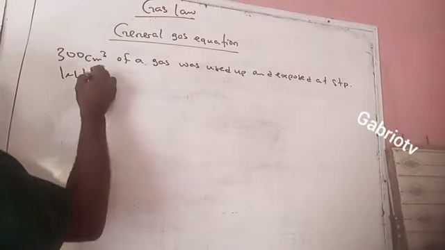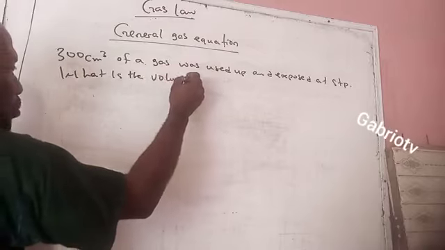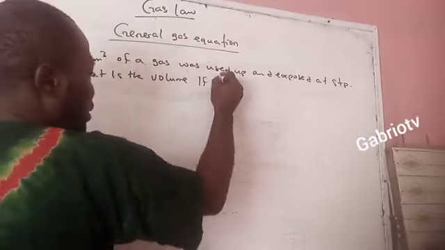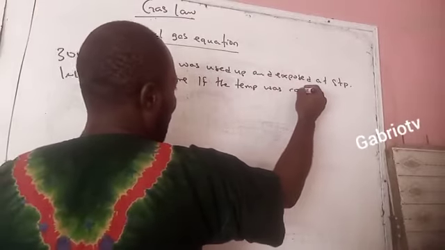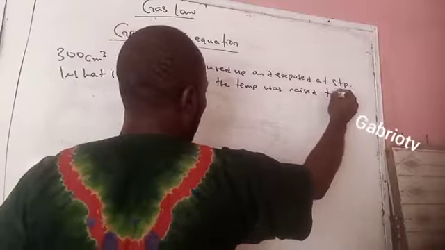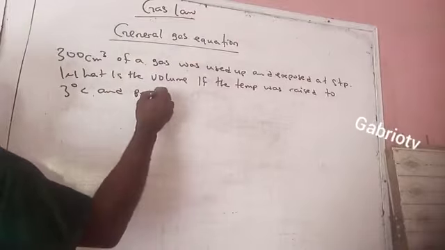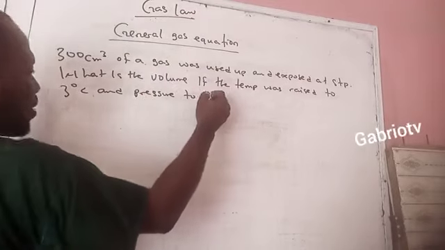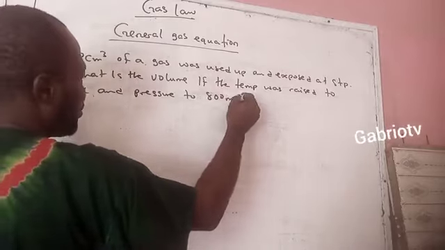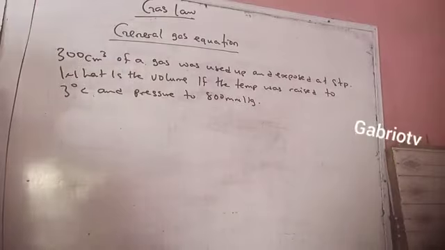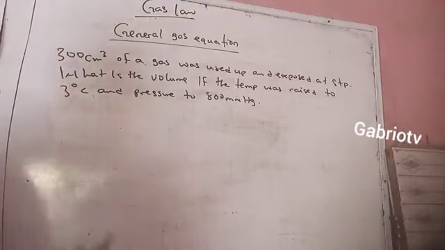Then what is the new volume if the temperature was raised, or decreased, to maybe like 3 degrees Celsius, and pressure to, let's say, 800 mmHg. So that is that.